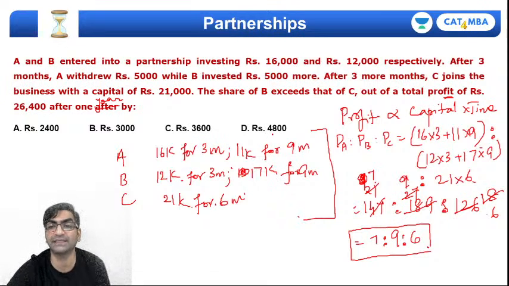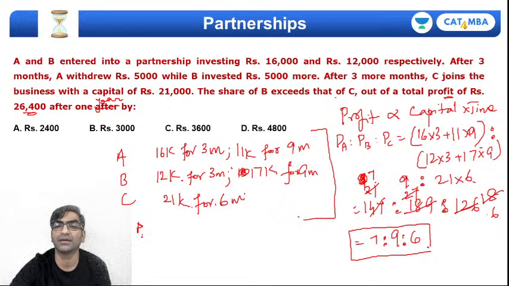The share of B exceeds that of C. If the total profit is given, you want the difference between profit of B minus profit of C. Share of B will be 9x, minus C's share, which will be 6x.